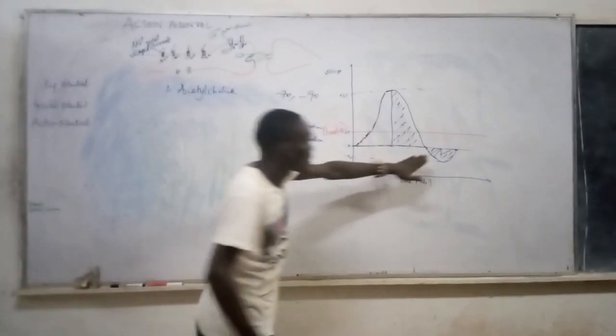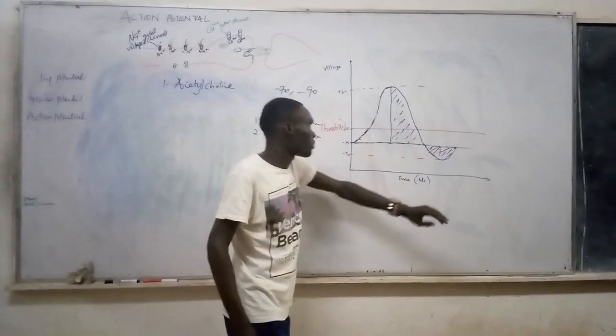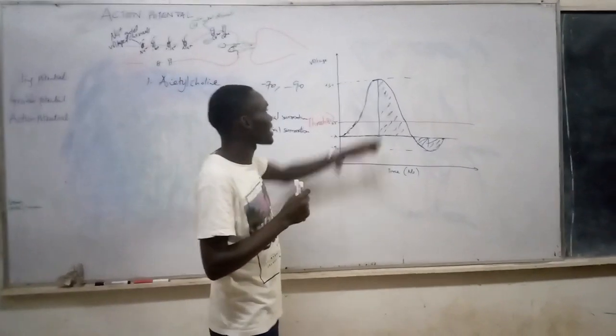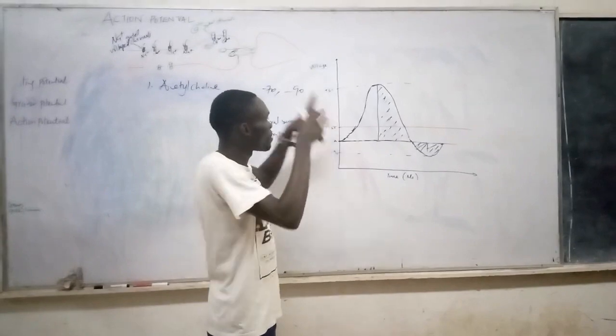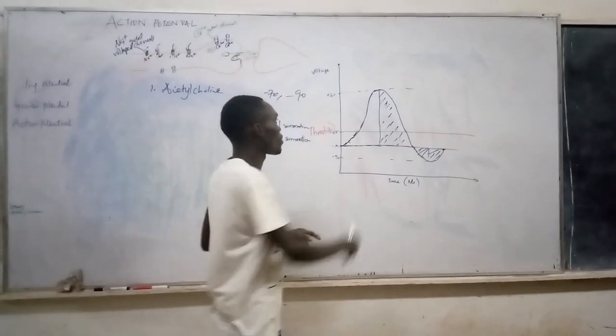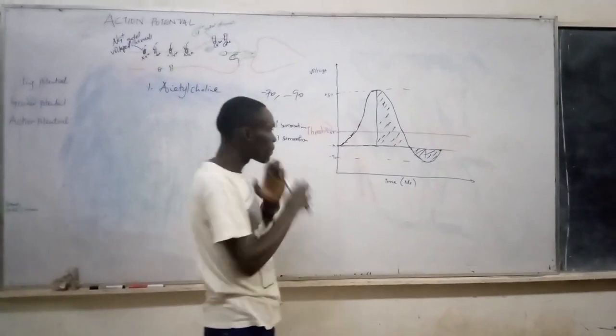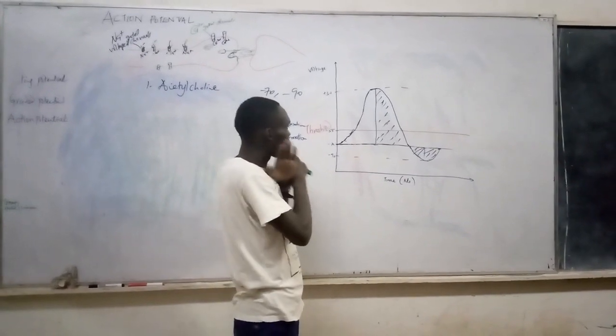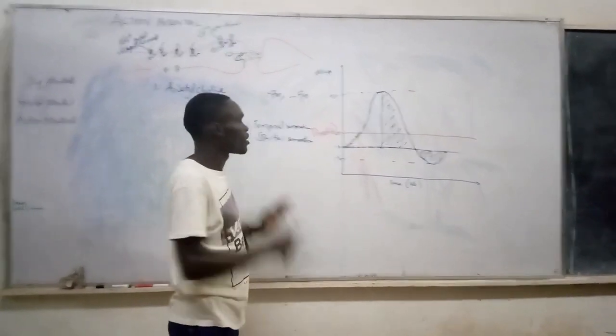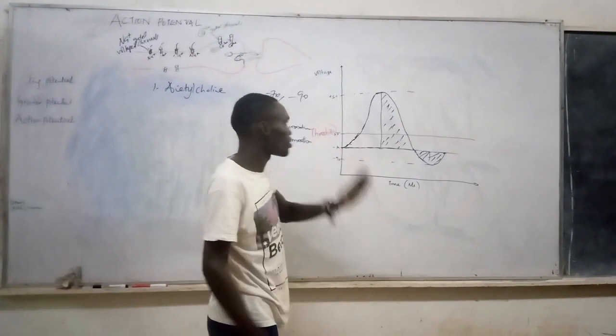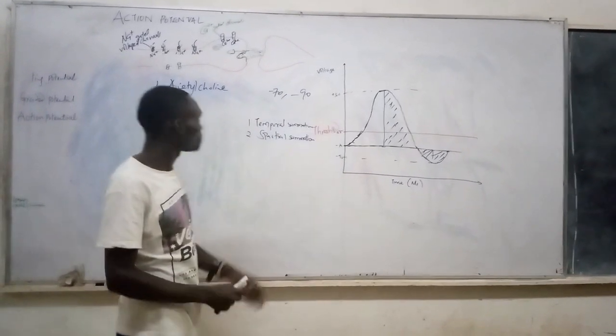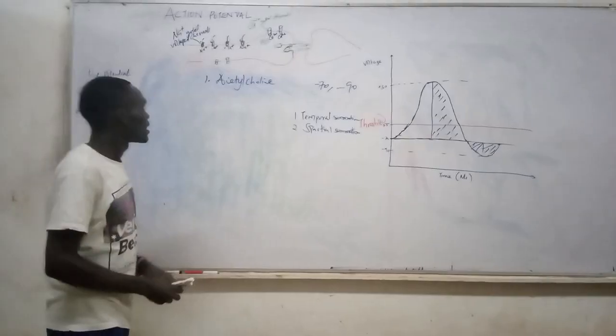But when the membrane is at its peak, it cannot be stimulated completely. So it is absolute, and we call it the absolute refractory period.